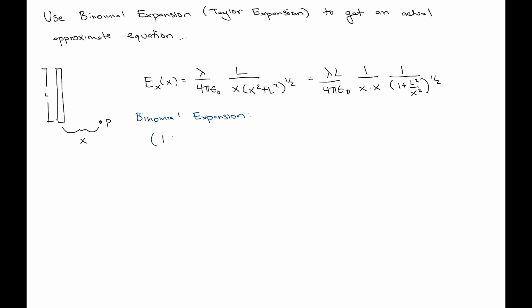If I've got 1 plus epsilon to the n, the binomial expansion tells me that is equal to this series: 1 plus n times epsilon plus n times n minus 1 over 2 factorial times epsilon squared, and I can continue writing similar terms.